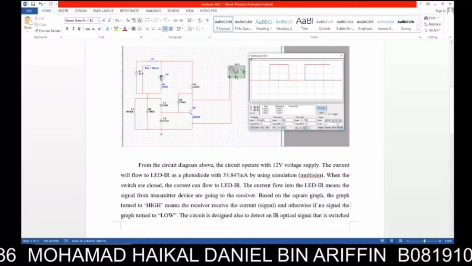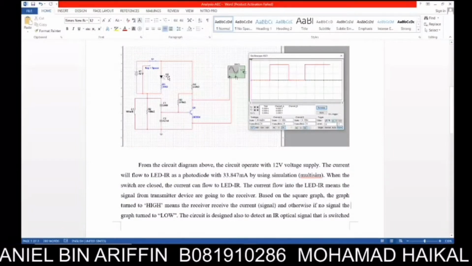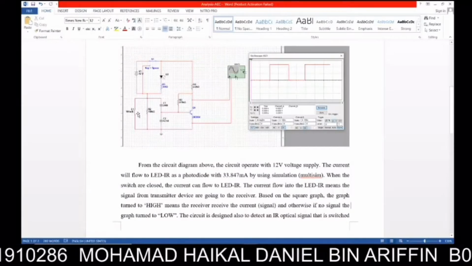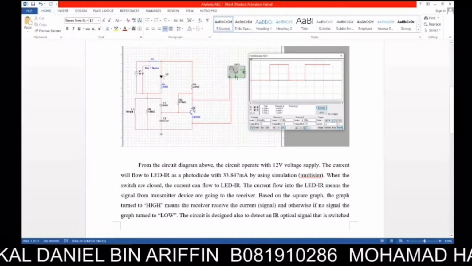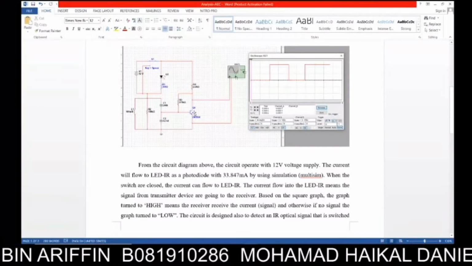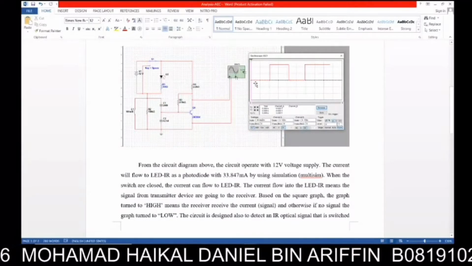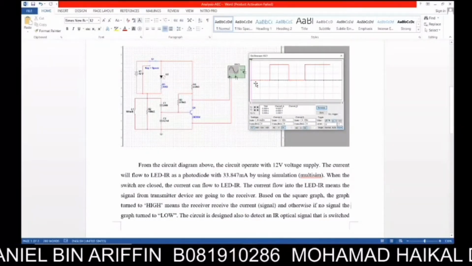This is the IR LED representing a photodiode, resistor, inductor, capacitor, this is the transistor, and this is the oscilloscope to display the output.